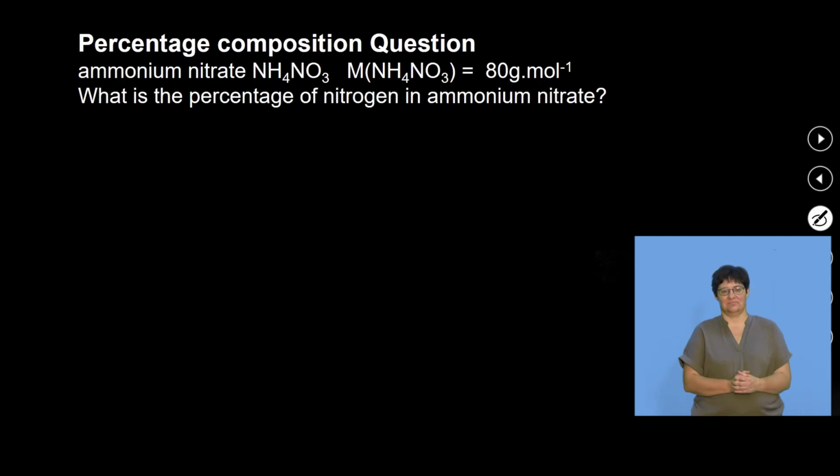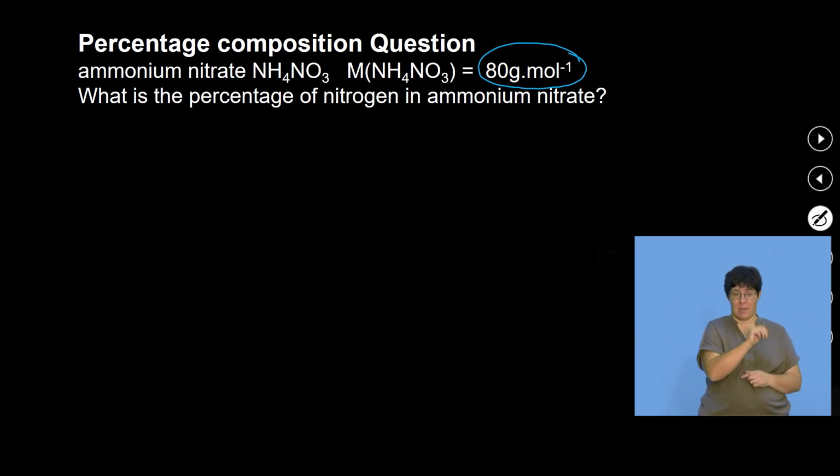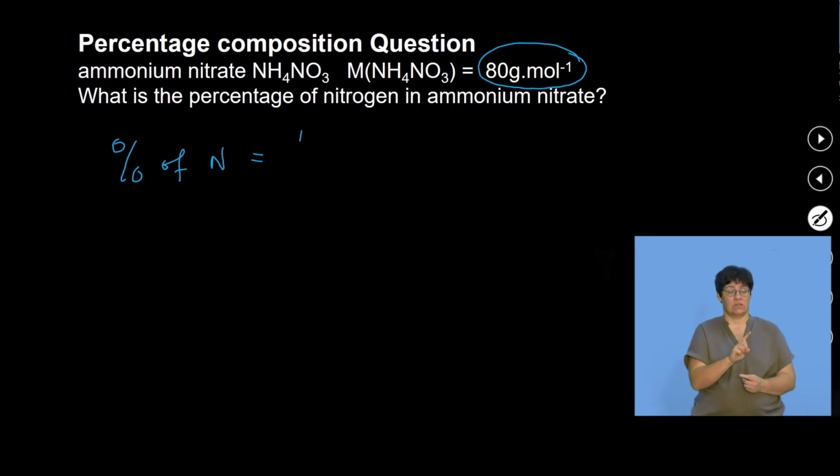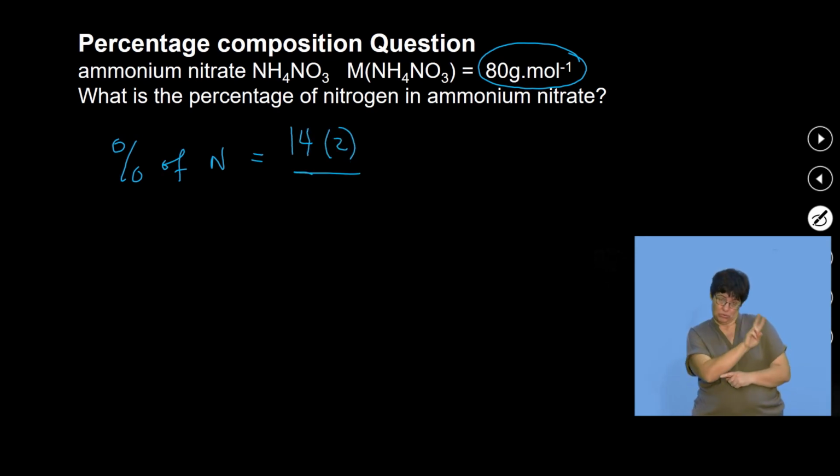Now in this compound, we know that the molar mass is 80 grams per mole. And in this molecular formula, there are 2 atoms of nitrogen, each of which has 14. So the percentage of nitrogen is 14 multiplied by 2, because there are 2 of them, divided by the total, which is 80 grams per mole, multiplied by 100.